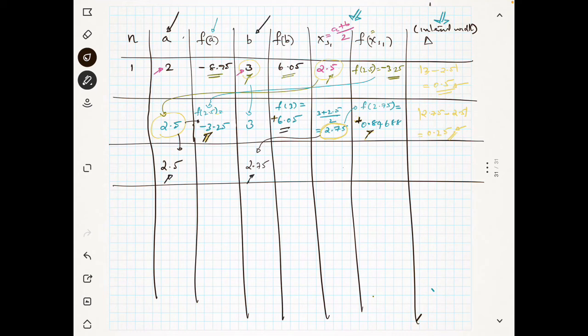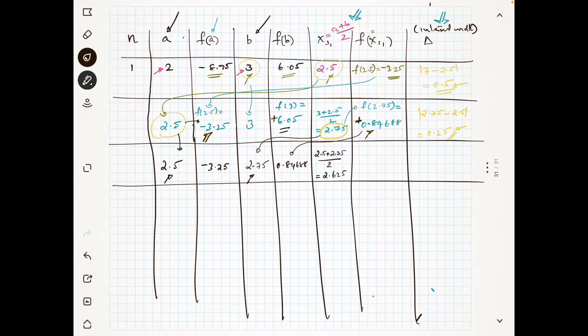My f of 2.5 is minus 3.25, we have already seen it, and this 2.75 has the function value 0.84688. Now I will find a plus b by 2. That means 2.5 plus 2.75 divided by 2, which is 2.625.